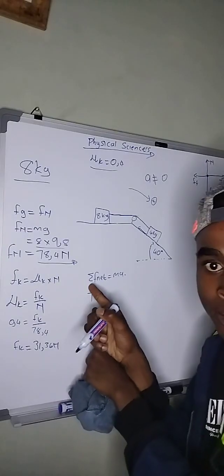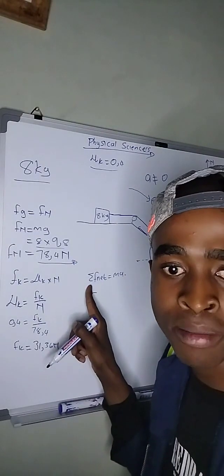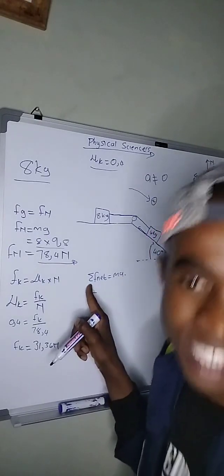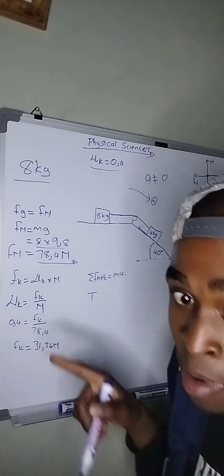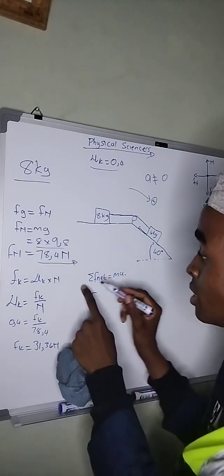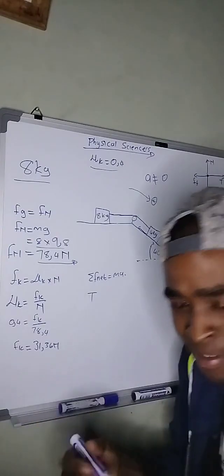Remember this sigma. What is this sigma representing? Is it sigma or is it stigma? It is the sum of, in this case, what?